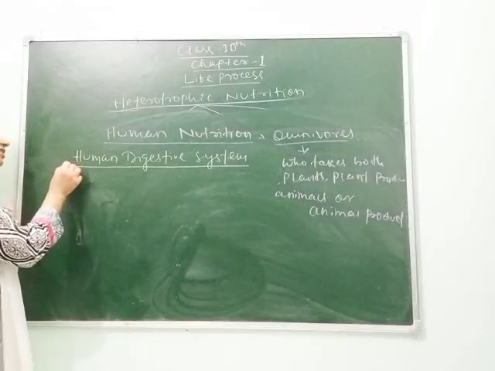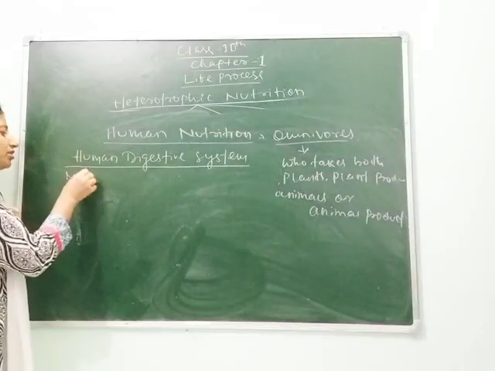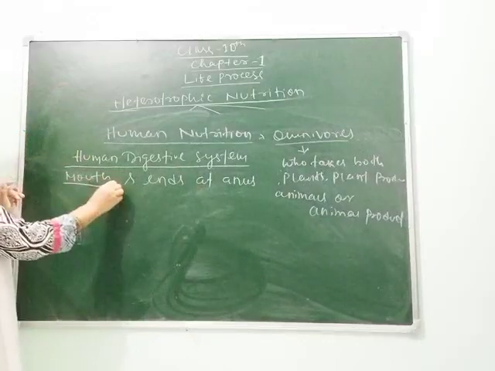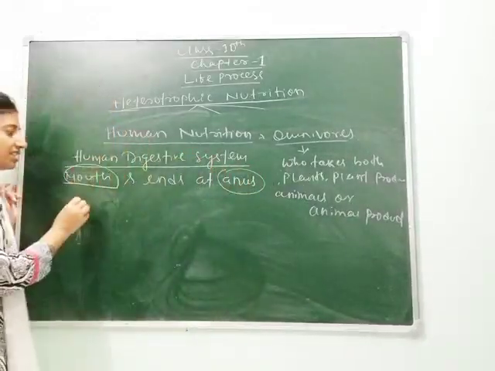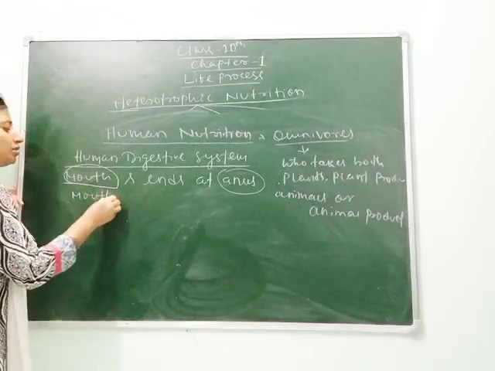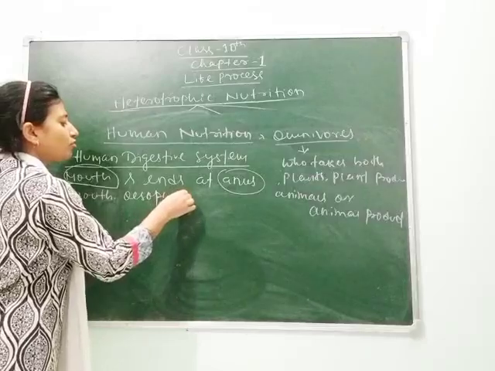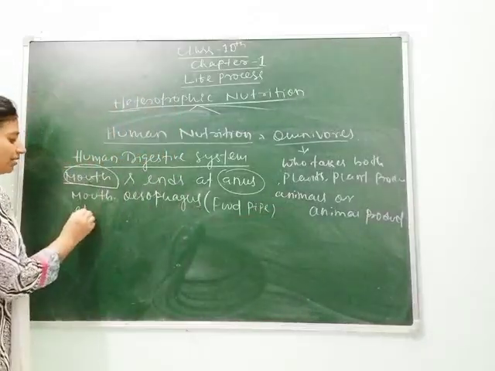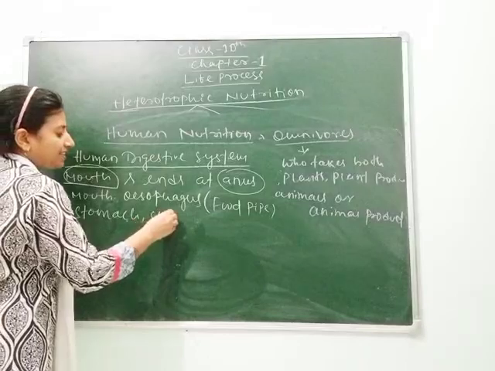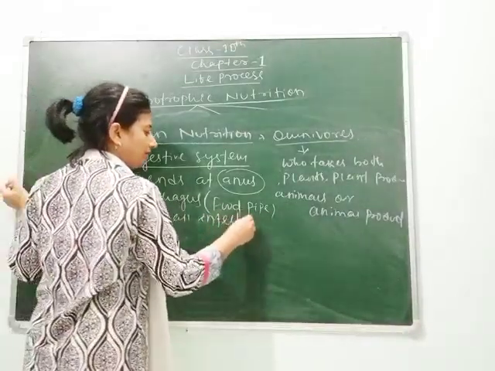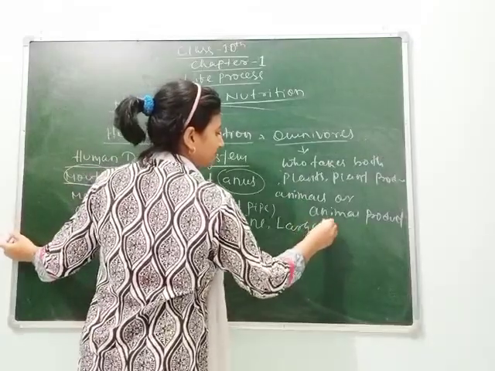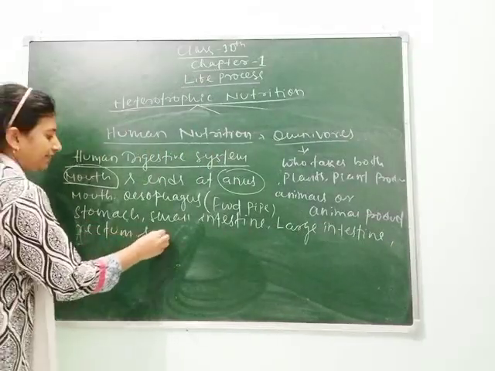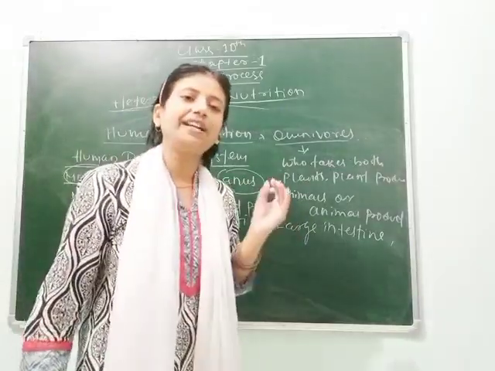The human digestive system starts from the mouth and ends at the anus. It consists of, first, the mouth, then the esophagus, which is also called the food pipe, then the stomach, small intestine, large intestine, rectum and anus. So these are the organs of the digestive system.